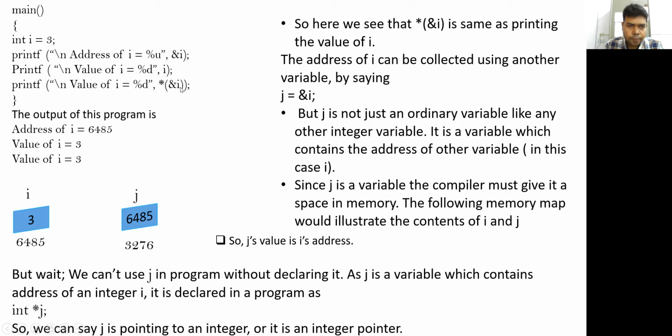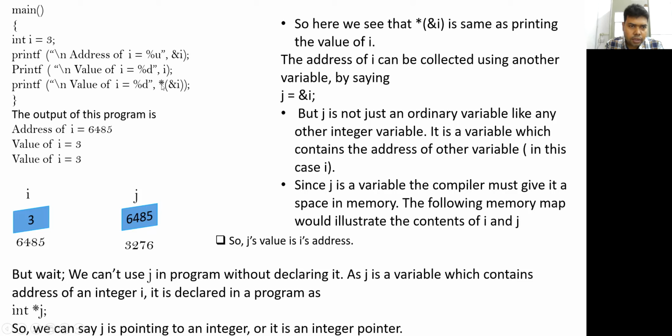So what does it mean? It means that ampersand i is basically the address of i. So if we consider the same situation that we have initialized, that is i is stored at memory location 6485, then ampersand i is basically giving the value 6485.